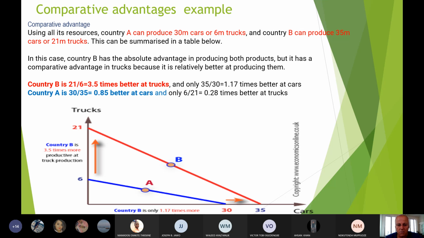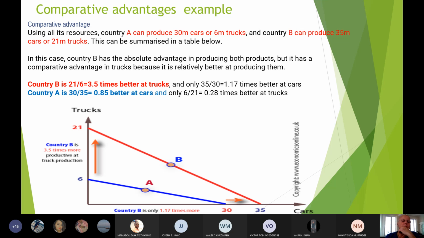And country A, as I calculated, is 0.85 for the cars and 0.28 for the trucks. Therefore, you are observing relative cost advantages becoming higher for the trucks in country B, and for country A it is for the cars. From this point of view, we may say country B should become a trade partner in trucks production, and trucks exporter.